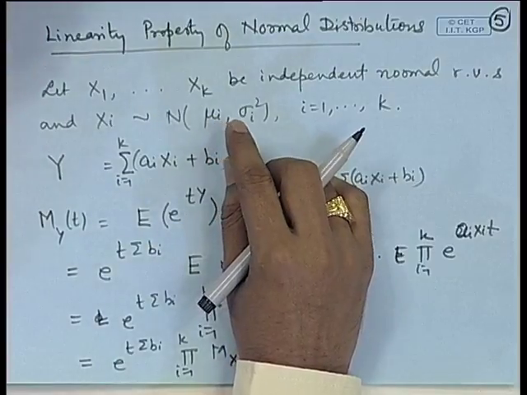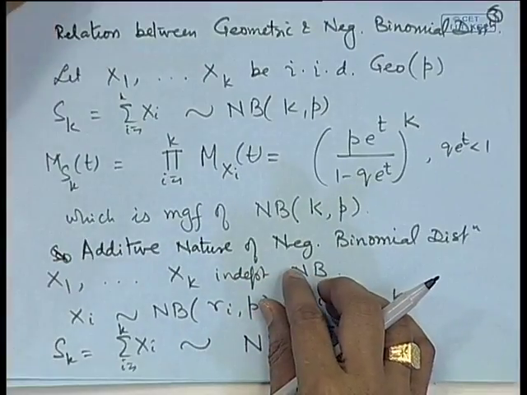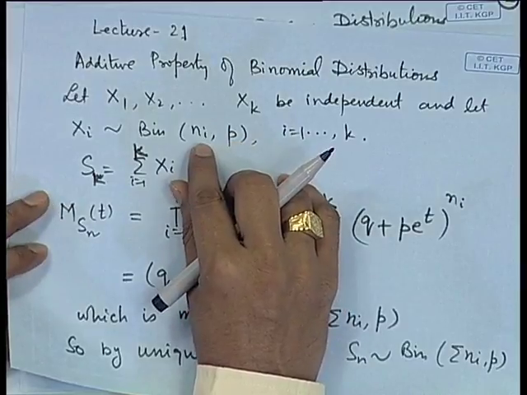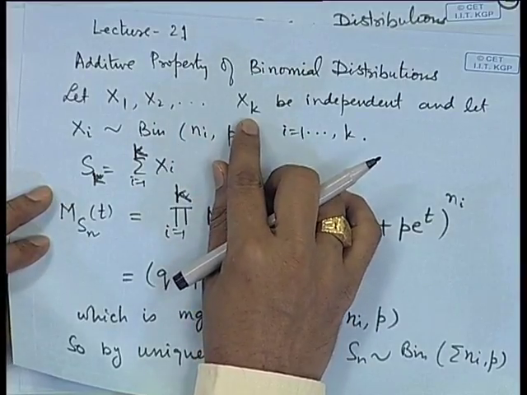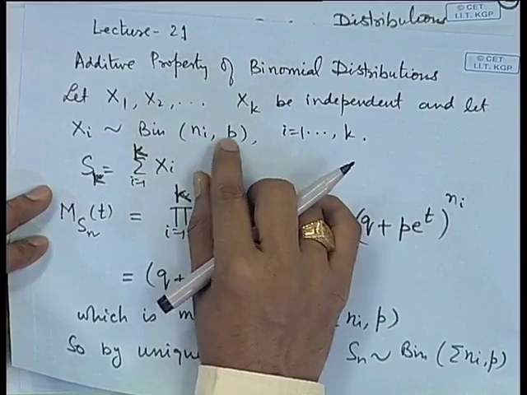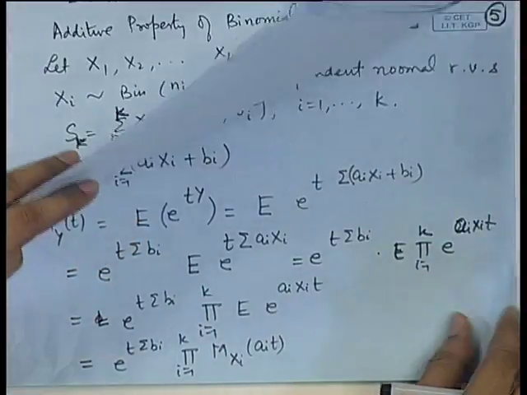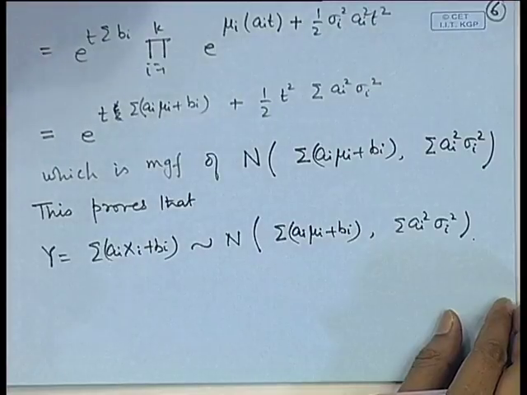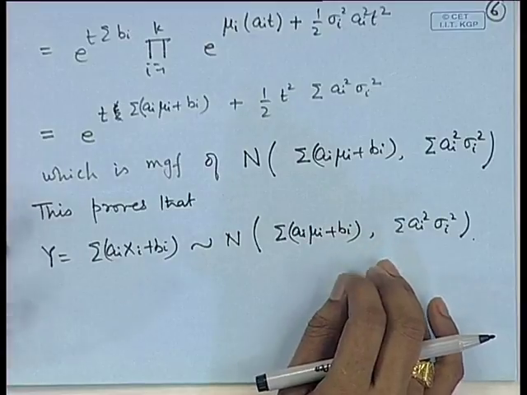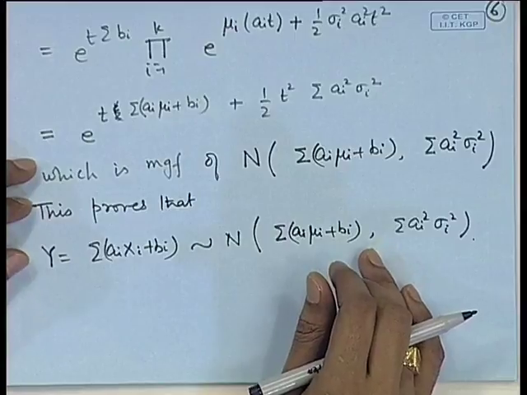Earlier, in the additive property of say the gamma distribution, the negative binomial distribution, or the binomial distribution, where two parameters are there, when we were considering several independent random variables, we were varying only one of the parameters, and one of the parameters was kept fixed in order to have the additive property. But in the case of the normal distribution, we can vary both the parameters, and the property is also more general. Rather than just talking about the sums, we can talk about any linear function.